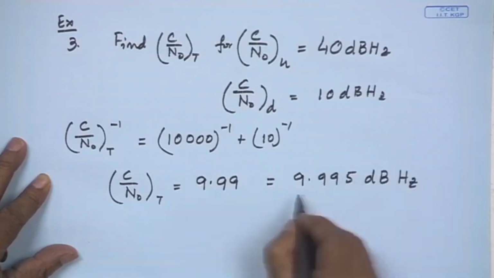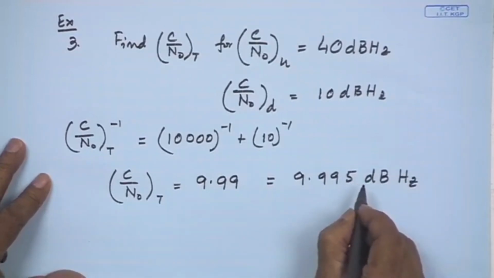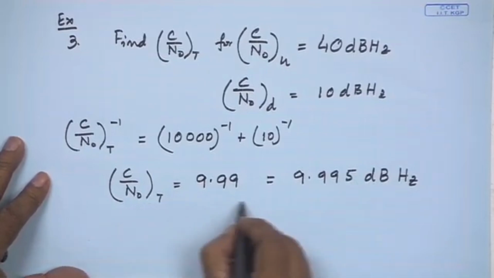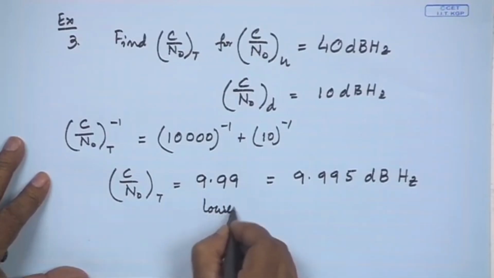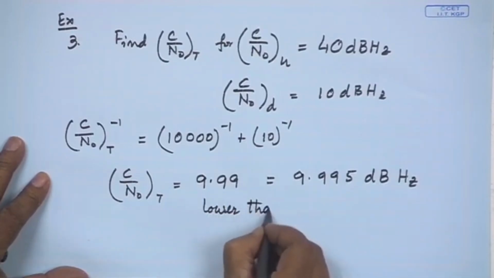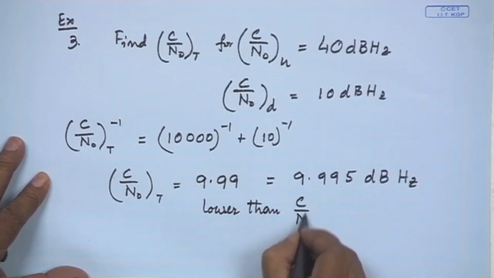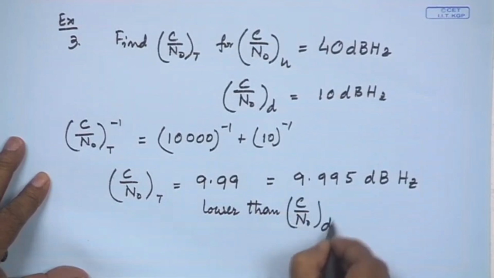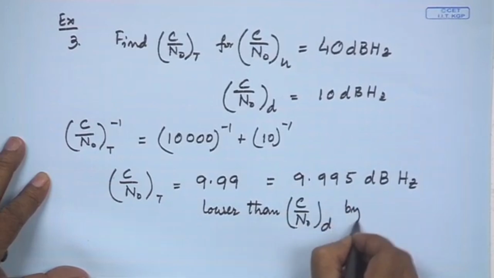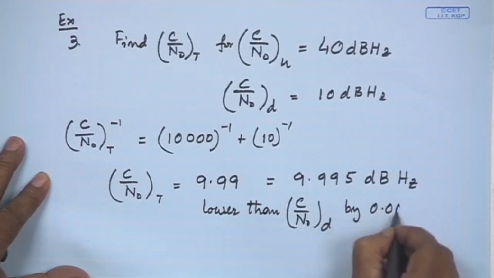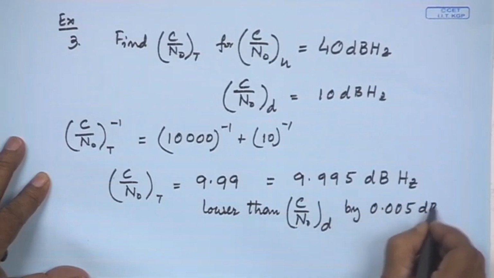In calculator you will find some more decimal points. So, now that is lower than C by N0 down by 0.005 dB.